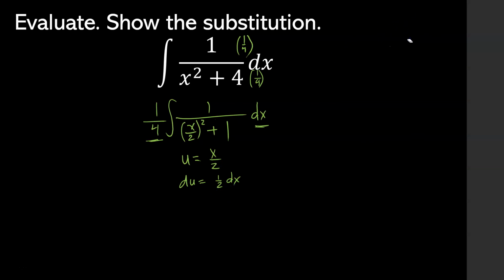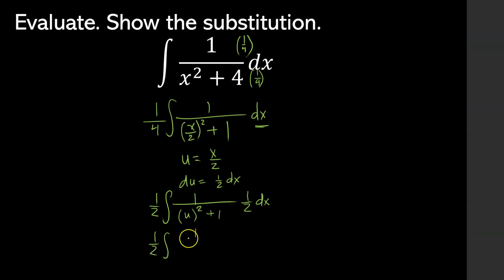Let's rewrite that 1/4 as 1/2 and maybe we can just substitute this right now. X over 2 becomes u, and 1/2 dx is still left over here. This 1/2 multiplied by this 1/2 is this 1/4. Okay, so 1/2 dx can now become du.